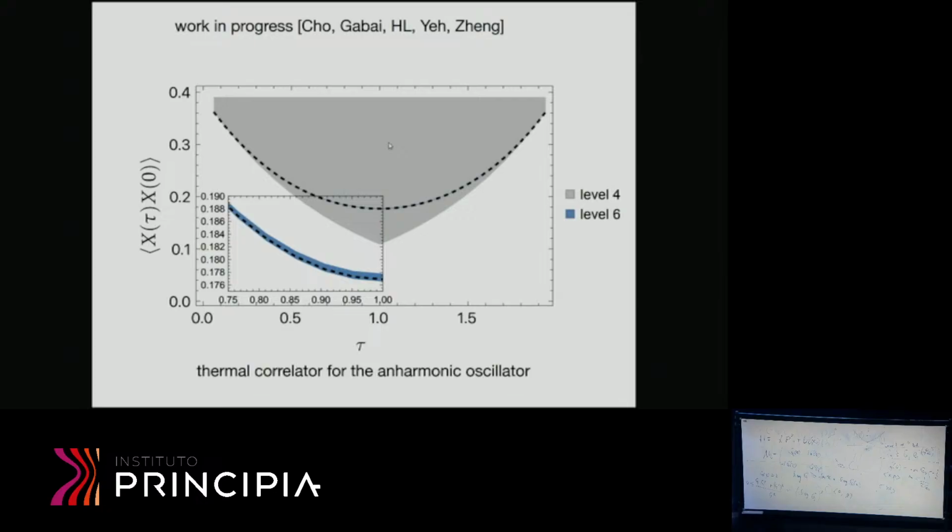Okay, maybe I can say one more thing about this. So if you knew the thermal 2-point function, another thing you could do is actually try to extract the quasi-normal modes of the black hole at finite temperature. There were these interesting papers by Matt Dodelson which discussed this.